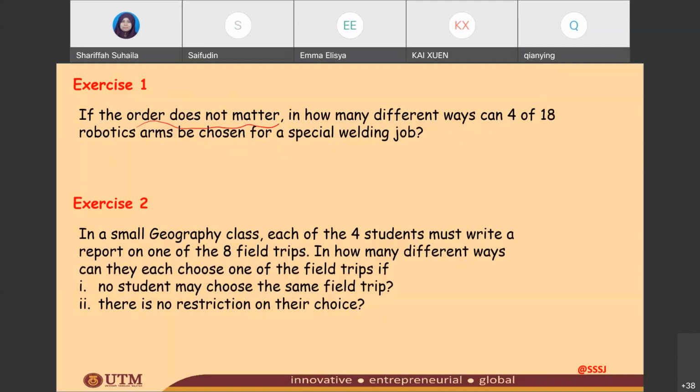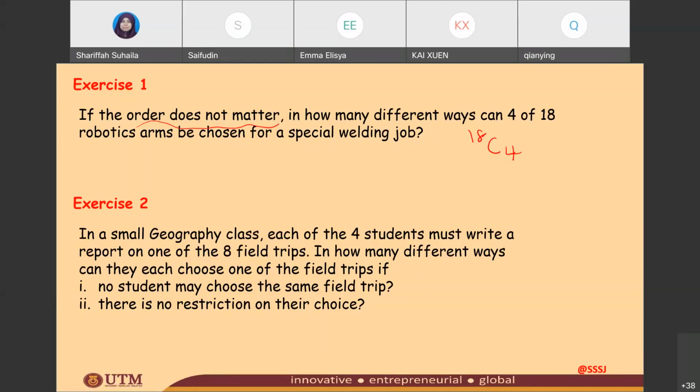So tak kisah dia punya susunan dia. Normally we do not state it, but you have to identify it. So again, for this one, it is a combination question. You can choose from 18 robotic arms, kita nak choose 4 for the welding job. So that means 18 choose 4. So that is a combination, if the order does not matter.